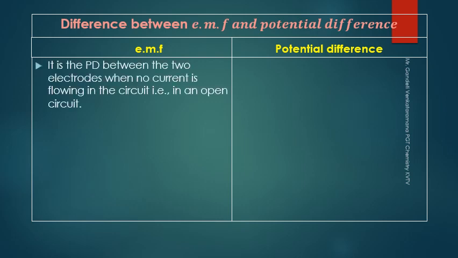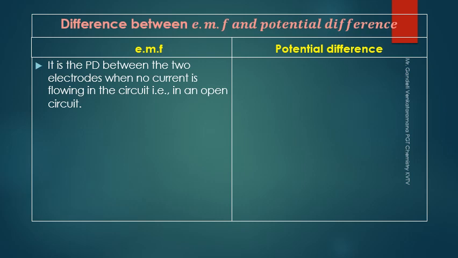Definition: EMF is the potential difference between the two electrodes when no current is flowing in the circuit. That means in an open circuit.